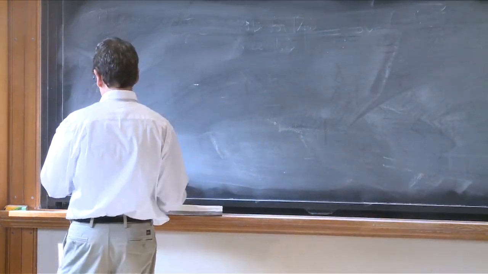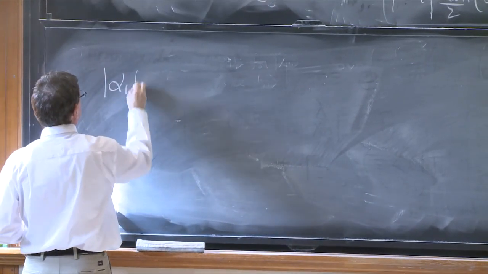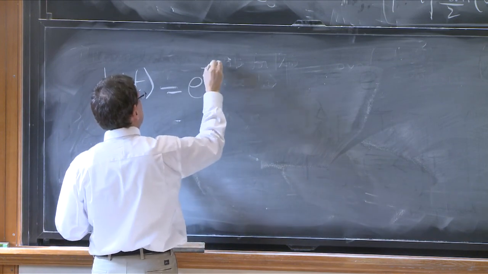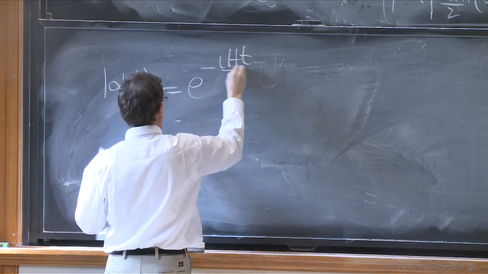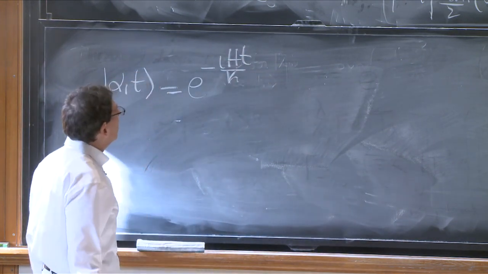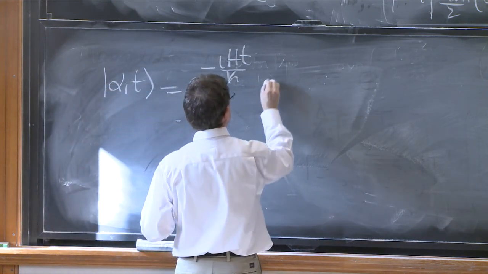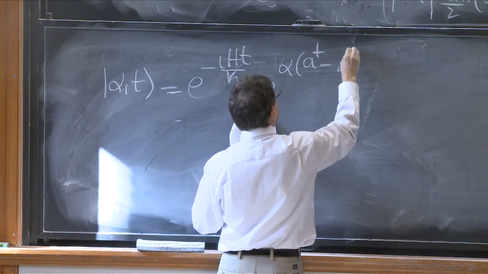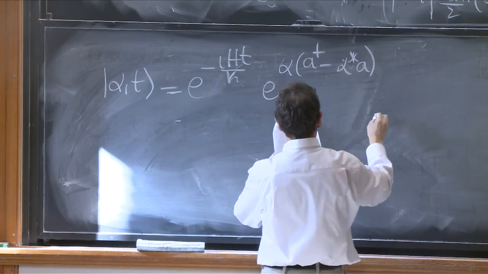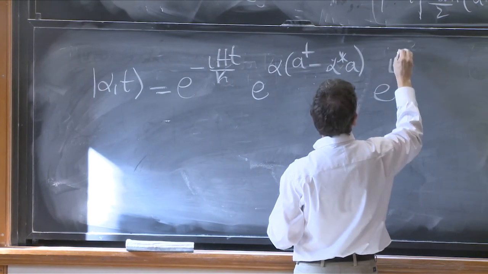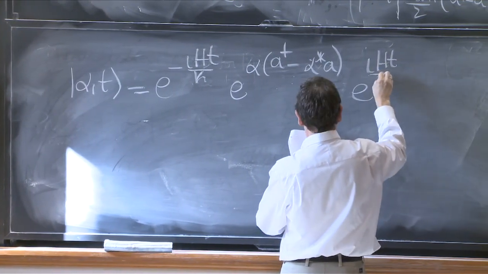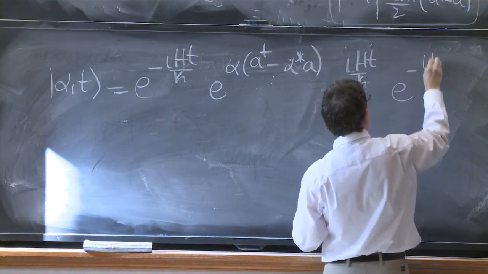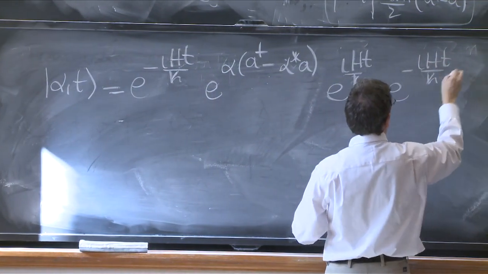And what is it? Well, alpha at time t, you have to evolve the state, e to the minus iHt over h bar on the state, which is e to the alpha a dagger minus alpha star a, on the vacuum, and e to the iHt over h bar, and then e to the minus iHt over h bar on the vacuum.